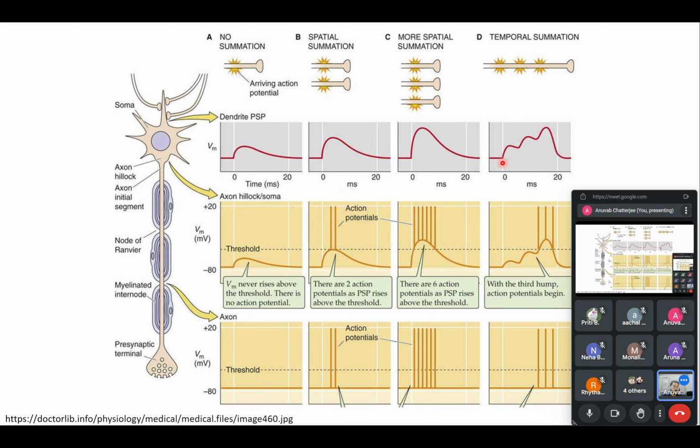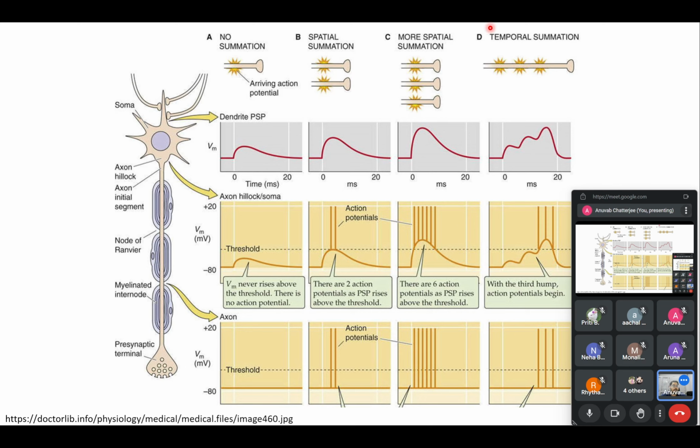Once one firing will cause a bit of increase in depolarization, but it is nowhere close to the threshold. The next one will cause even more depolarization, and the third may actually push the membrane potential of the postsynaptic neuron over the threshold and actually cause action potentials. In this case, we have three different time points in which the previous axon fired.